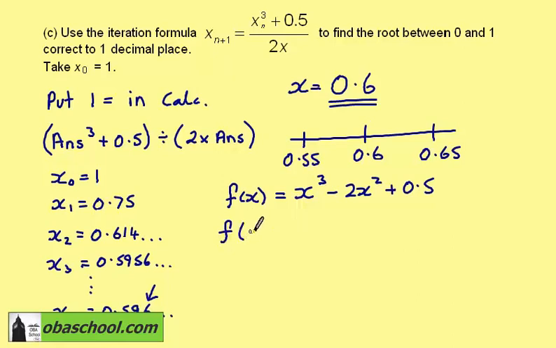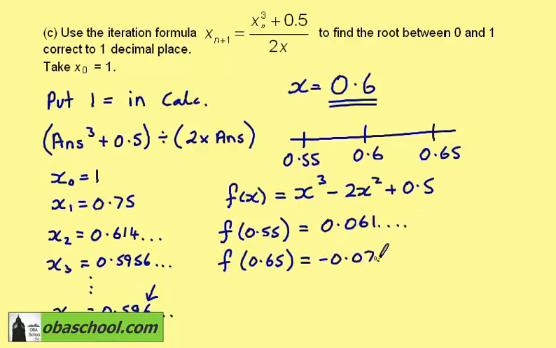We need to work out f of 0.55 and f of 0.65. If we do this, we find that this value is 0.061 and so on, and this one is minus 0.07 and so on. There is a change of sign, so the root is between 0.55 and 0.65, and therefore the root is 0.6 to one decimal place.